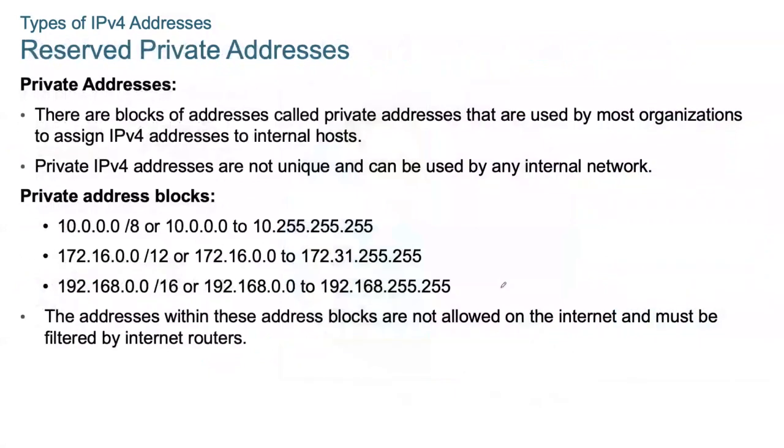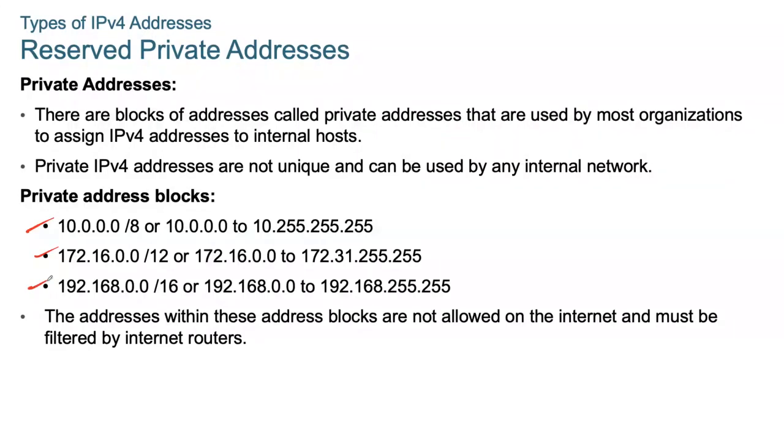Right? So there are some reserved IP addresses, and these reserved IP addresses are used specifically only for the assigned task. There are blocks of addresses called private addresses and public addresses. The private addresses are very important for exam purposes also. There are three series of private addresses.